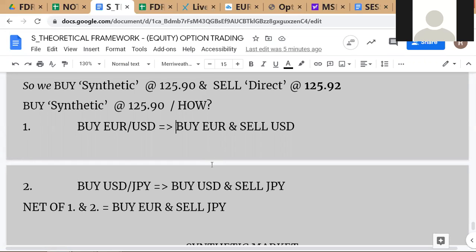Yes, sir. Sir, this means that there are not only two transactions while executing, there are more than two, because the route we are taking for getting the synthetic will also factor in, like one for direct and more than one for reaching the synthetic. Correct, correct. Even in this example, the synthetic requires two transactions.